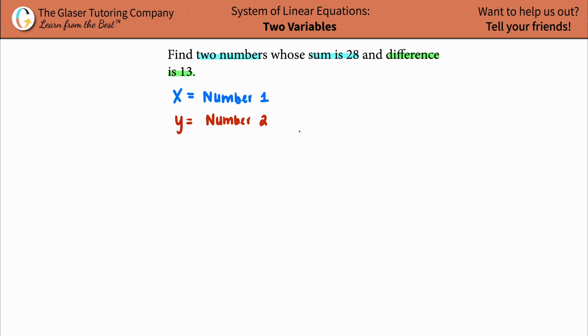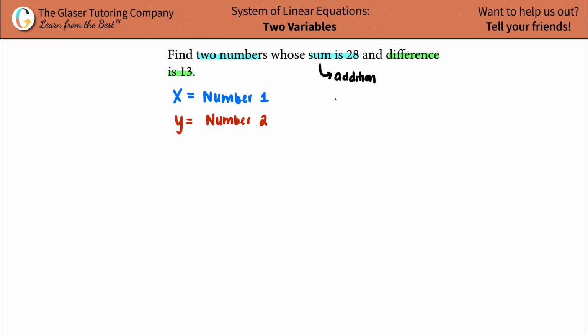Okay. Now we're going to use these variables to find the equations. They said that these two numbers, we don't know what they are yet, but X and Y, have a sum of 28. And sum means addition.